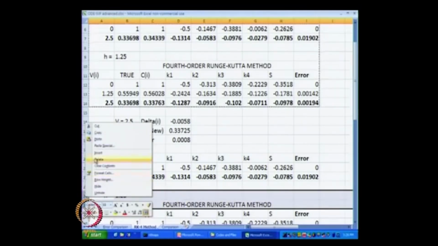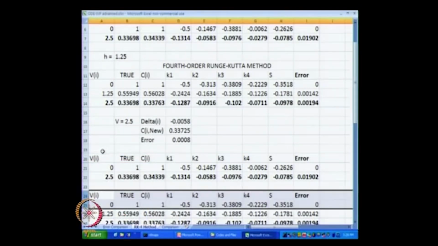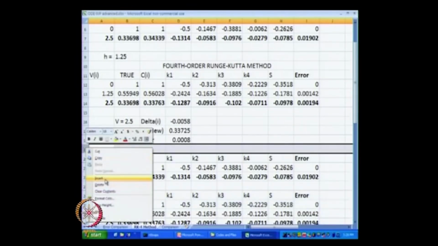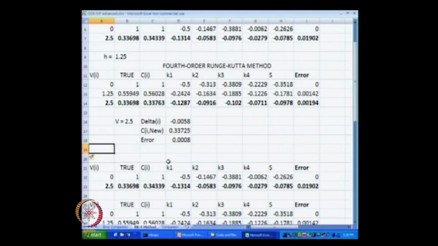So, we will delete this again. Okay. And I will write the second iteration using Richardson's extrapolation.